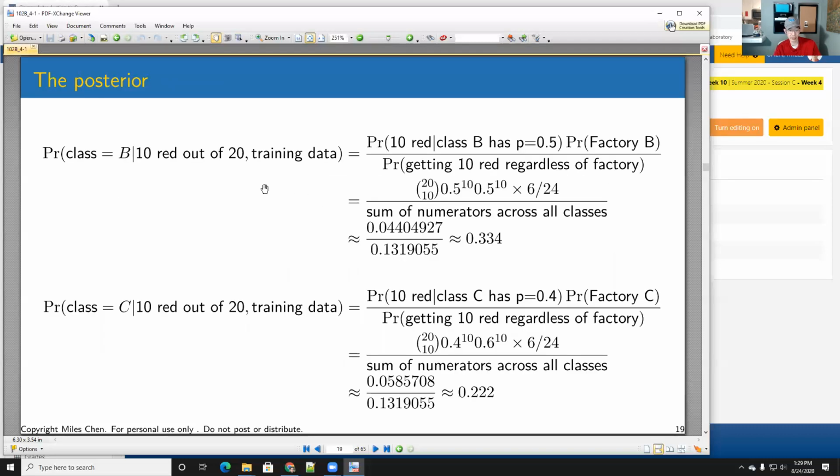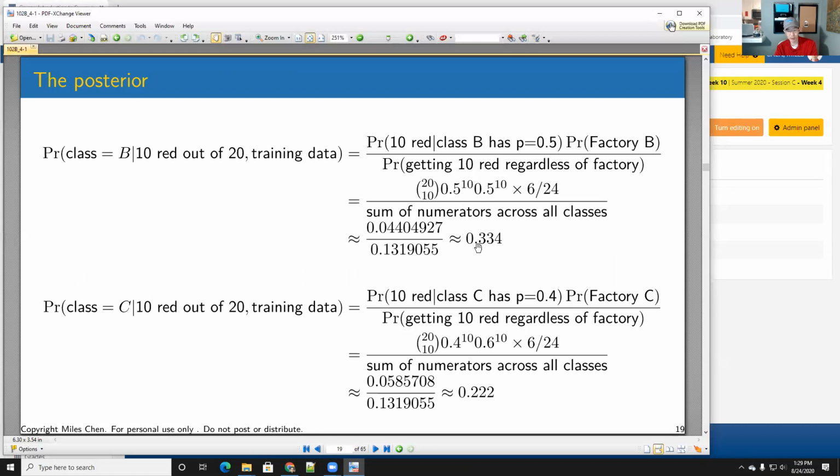Okay, and we do this for the other classes. The probability of getting 10 out of 20 for here, you go through the calculations. What's the probability of getting 10 red if the probability of getting red is 0.5, multiplied by the prior probability that it comes from factory B? So this has a higher likelihood, but the prior is a little bit lower.